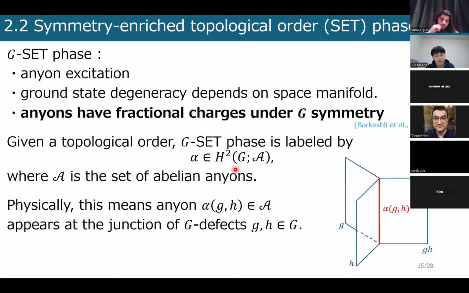So what is the physical meaning of this alpha? Physically, when we place G defects labeled by g and h and fuse the two defects into gh, like in this figure, there is a junction of G defects, and this alpha means an anyon labeled by alpha(g,h) appears at the junction of these G defects.